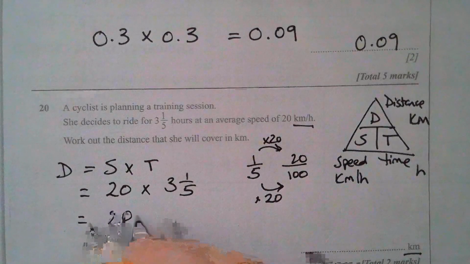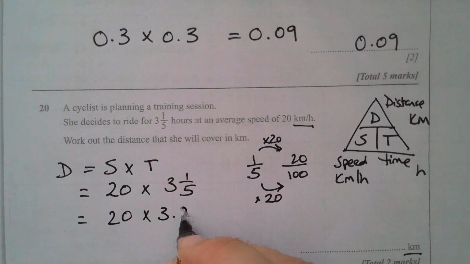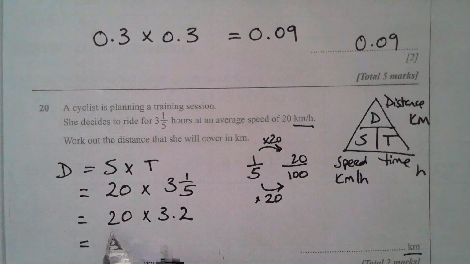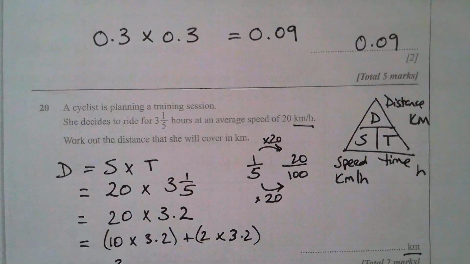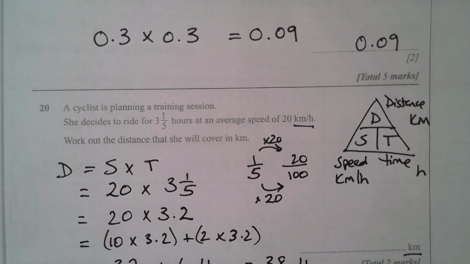So this is 20 multiplied by 3.2. And then we can multiply 10 multiplied by 3.2 plus 2 multiplied by 3.2. That's not right.